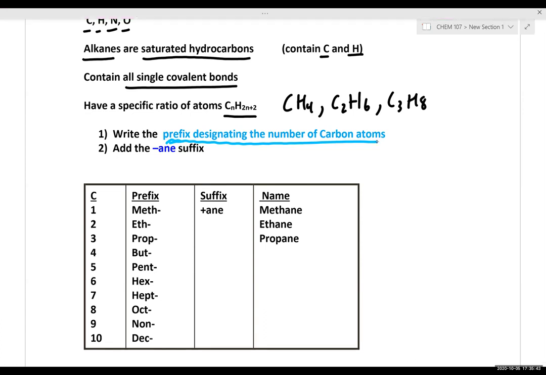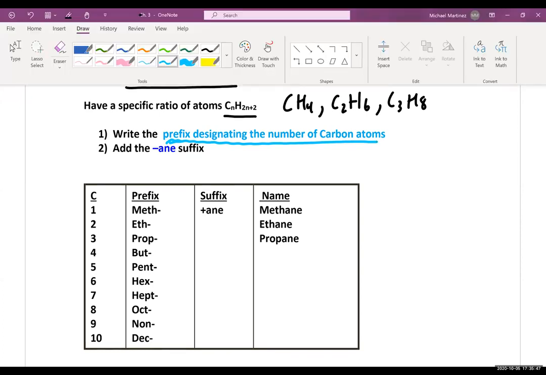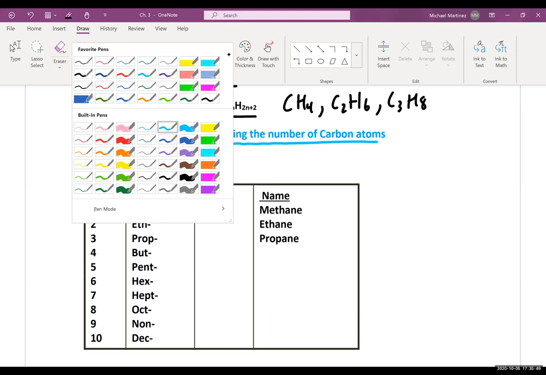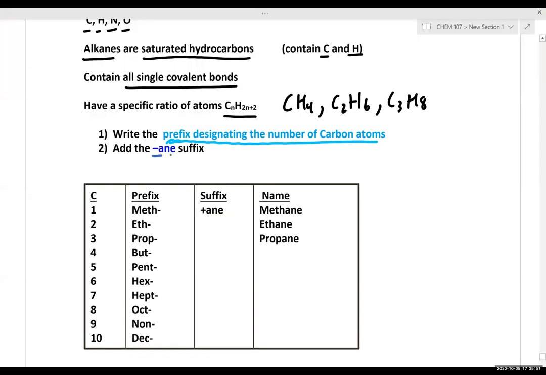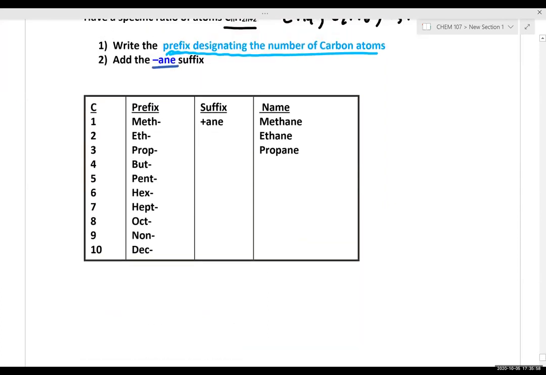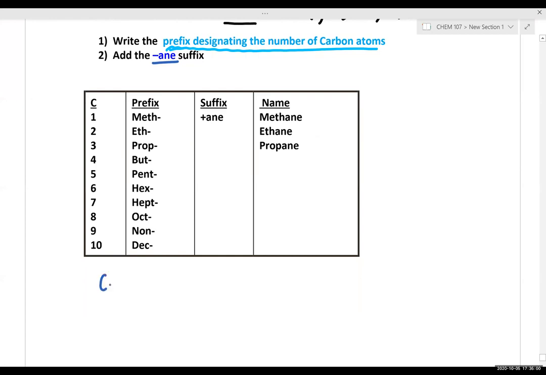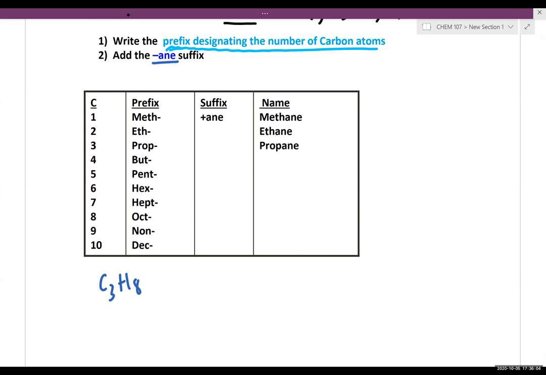Then, once you have your prefix established, you add the suffix ane, A-N-E. So for example, C3H8.